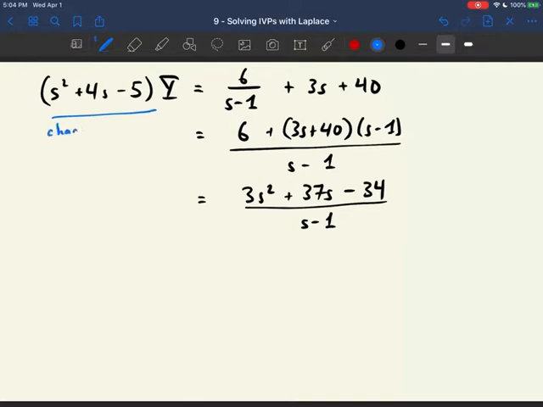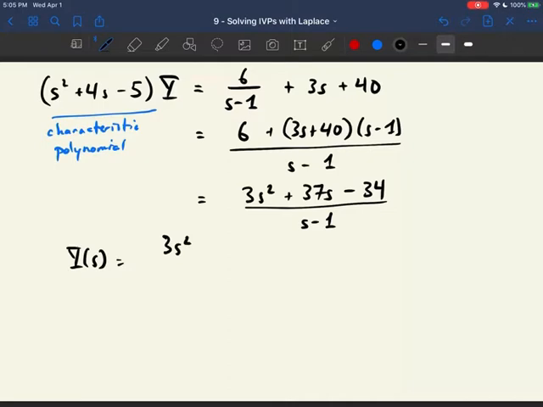All right, now I'm going to divide through by this left-hand side. Now you might notice that this is exactly equal to the characteristic polynomial. That's no accident. In fact, the stuff that's multiplying capital Y will always be essentially the characteristic polynomial for the original linear equation that we started with.